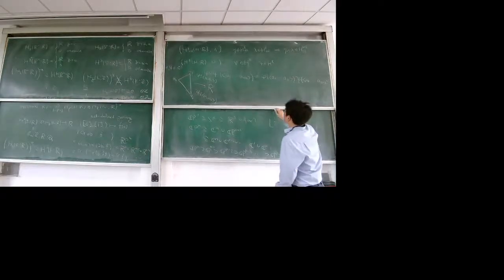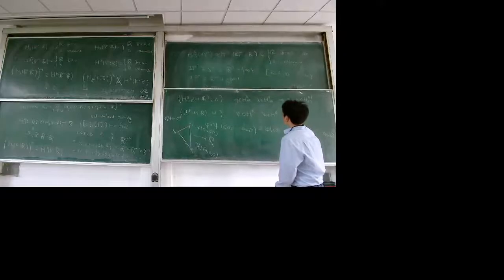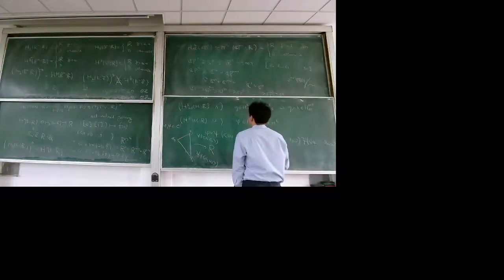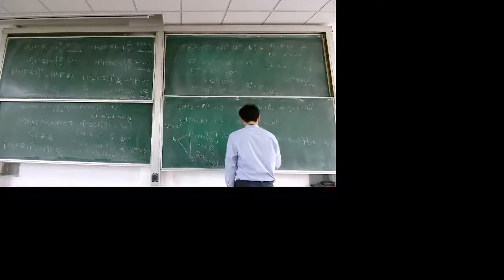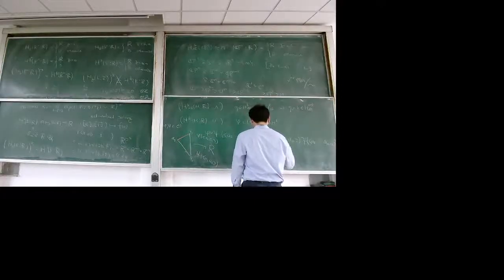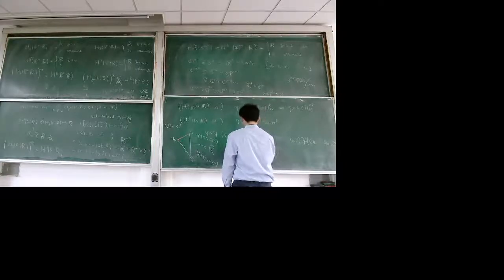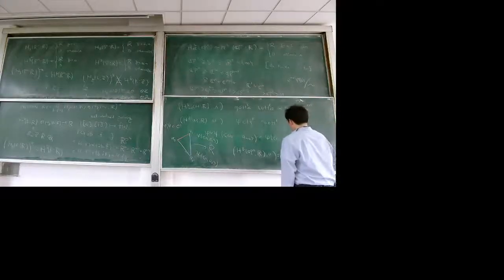Moreover, you can take the ring structure with the cup product. This ring is indeed equal to a polynomial ring quotient by an ideal.